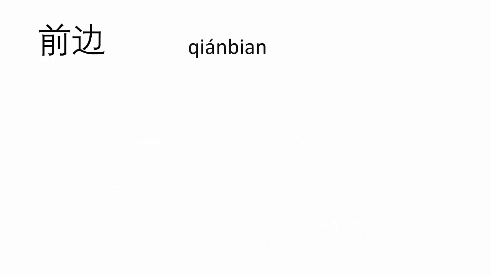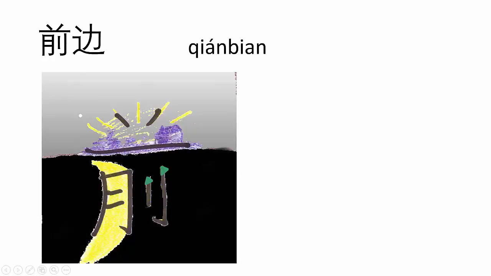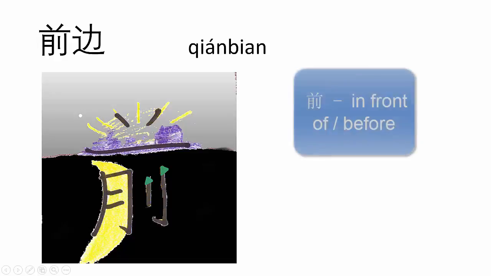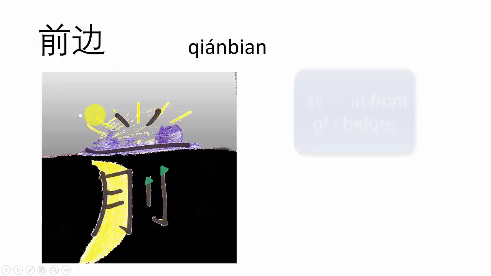前边. 前 means in front of. I really don't have much to help you with this. When I was first learning the character, the way I remembered it, 前 also means before, just like we can say in front of, he stands before me, right? So I saw it as a line of the horizon, the moon, and I saw this knife radical as motion lines, the moon rising.